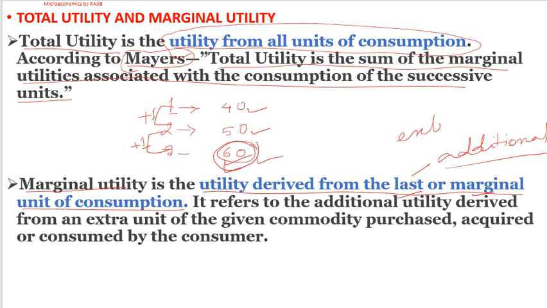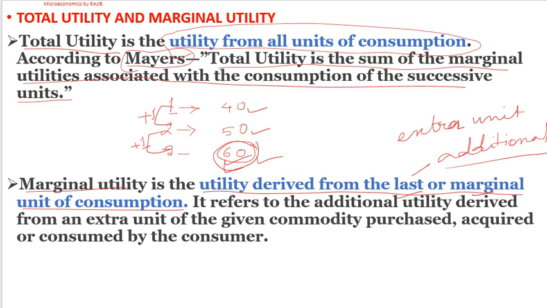Instead of using last or marginal, you can use extra unit or additional unit. That means the utility derived from the additional unit of consumption is called the marginal utility.